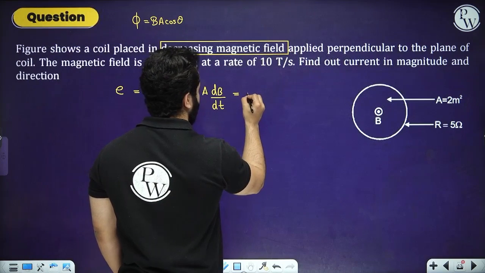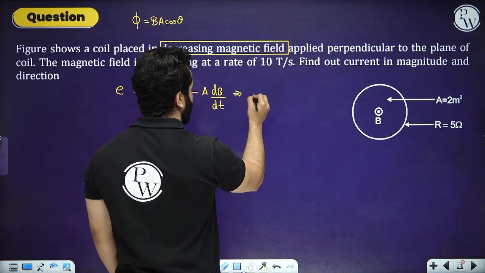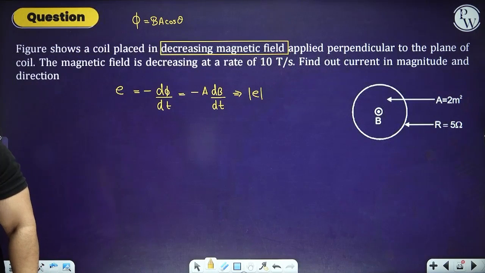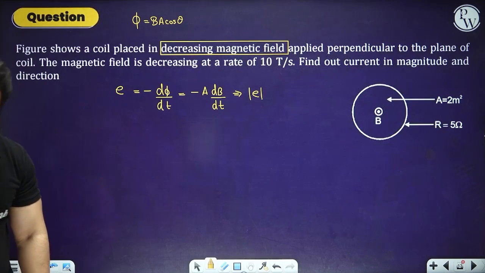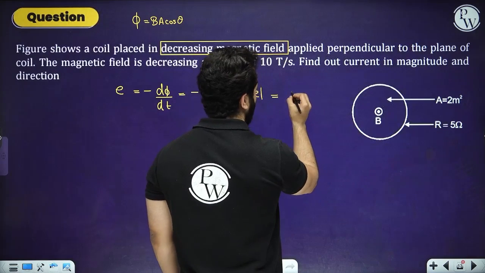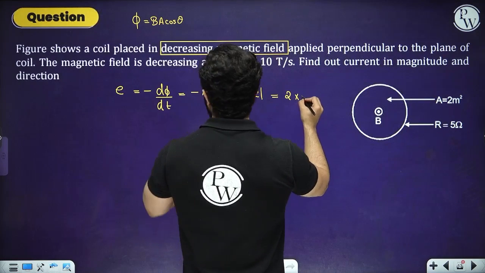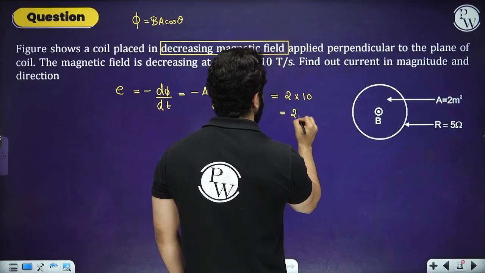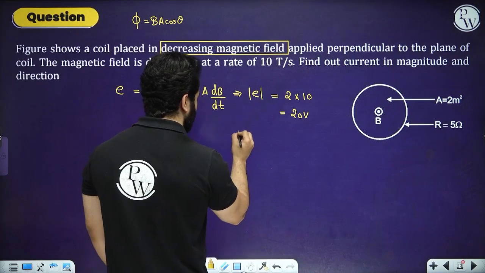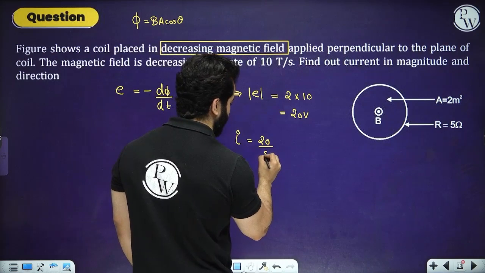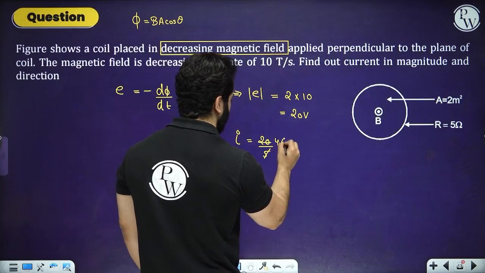The magnitude of E will be area A, that was 2 meters square, times dB by dt. dB by dt is given as 10. That means this is going to be 20 volt. And induced current will be 20 volt divided by resistance. That means 5, which is going to give you an answer as 4 ampere.